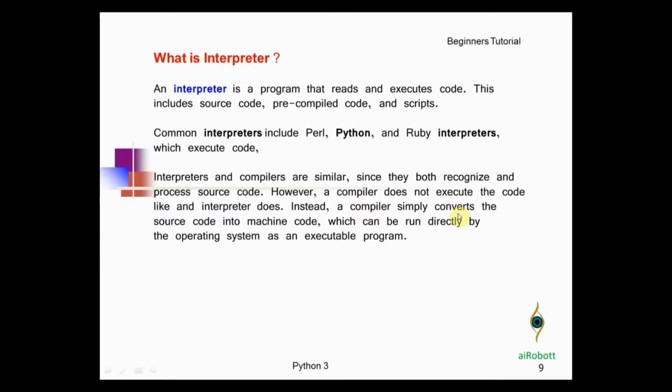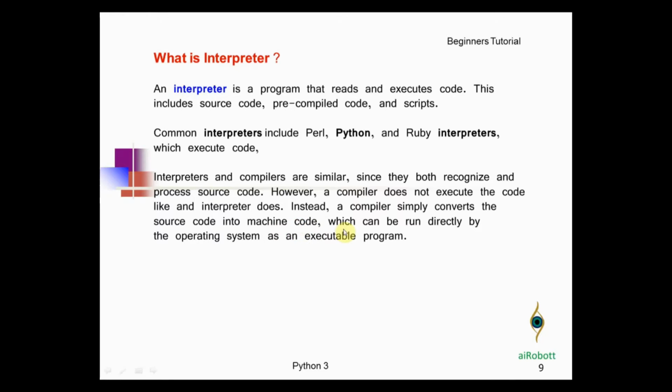Instead, a compiler simply converts the source code into machine code, which can be run directly by the operating system as an executable program. The compiler takes the source file as input and converts it into machine code.